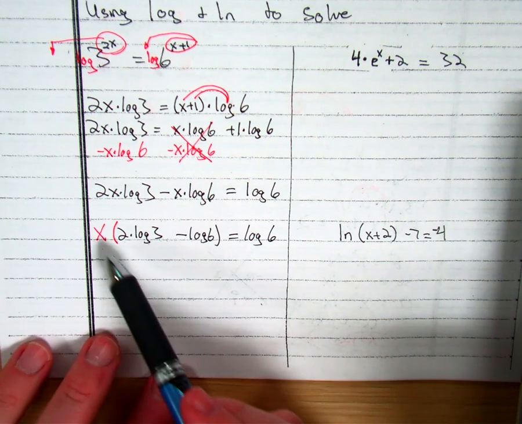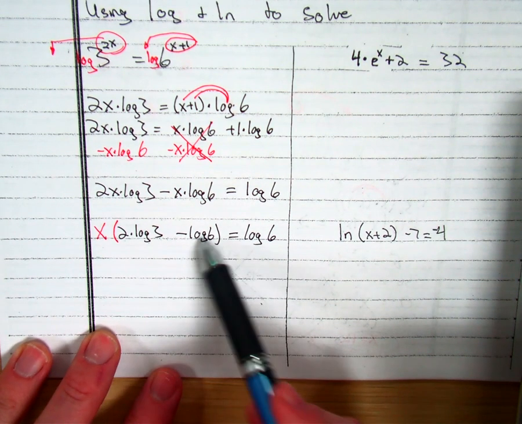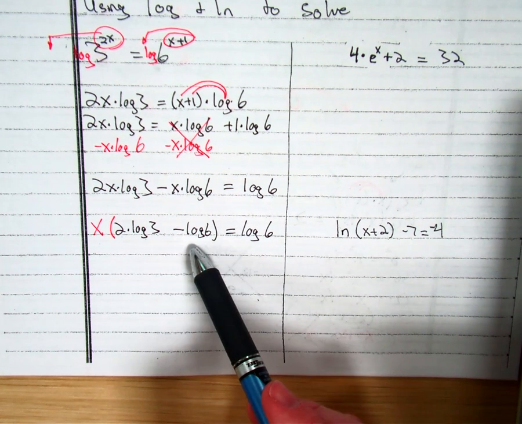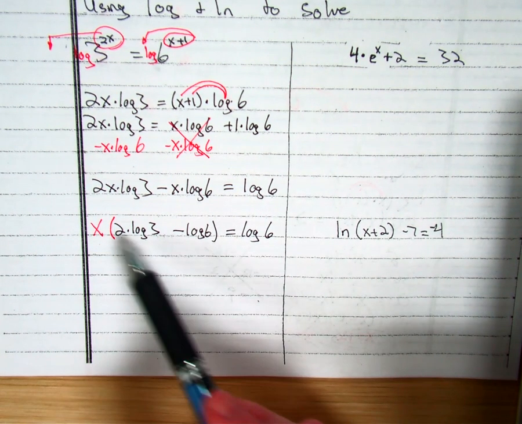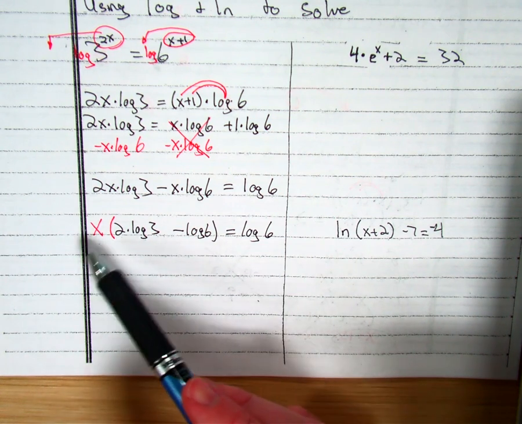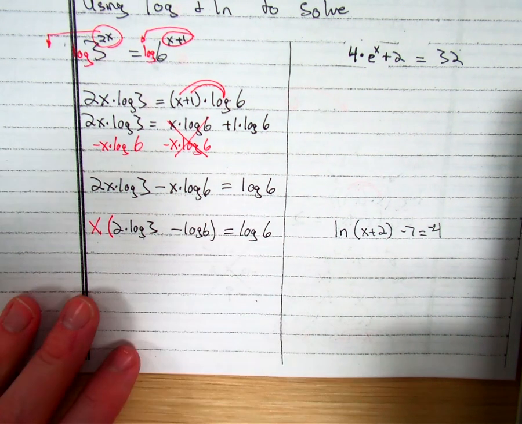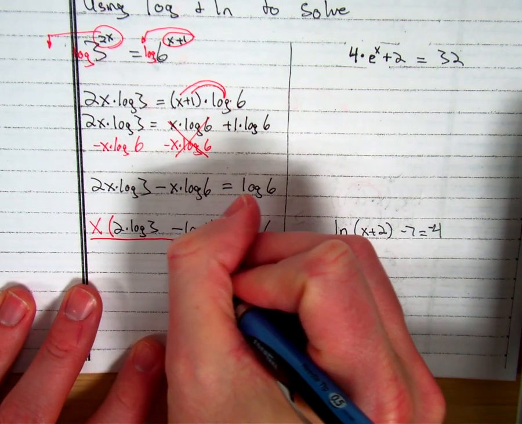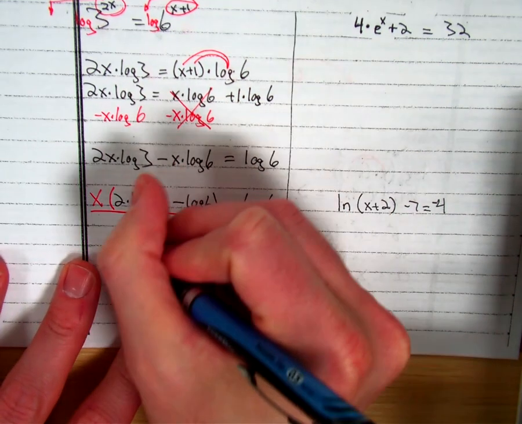Now we have x times something equals whatever. X times something. How do I get rid of that something and only have x left on this side? We're going to do the opposite of times. We're going to divide, and we're going to divide by that parentheses group.